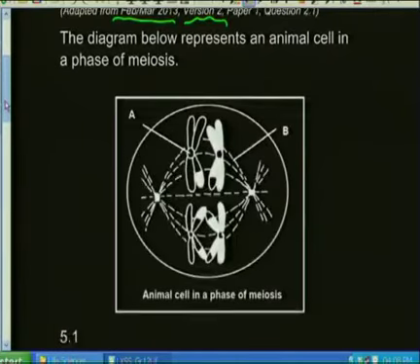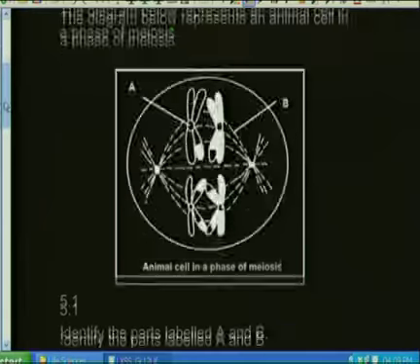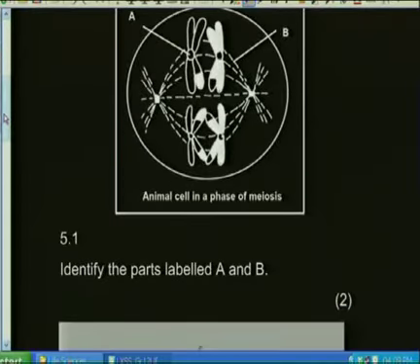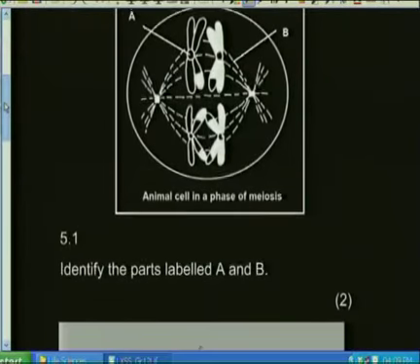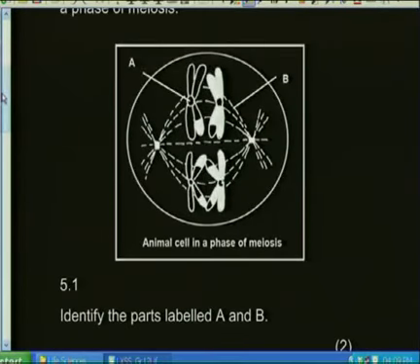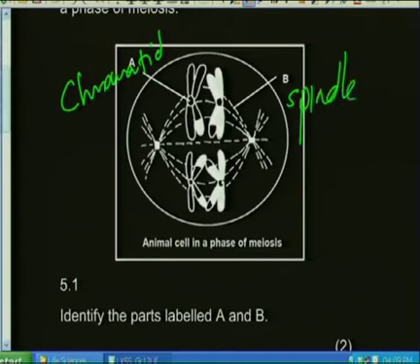All right, so again, animal cell in a phase of meiosis. Look at the questions we're asking. Again, label A and B. In this case, A, again, the chromatid. And B now is a different label from the past, and that's these things that are pulling the chromosomes apart or holding them in place, and this is known as the spindle fiber.